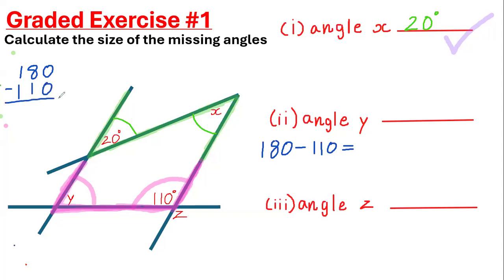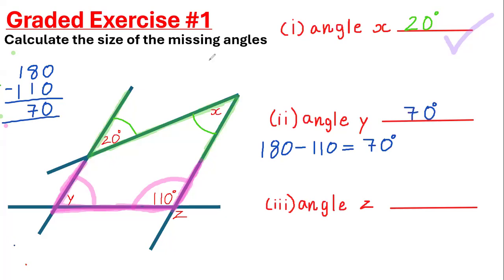We got 0 minus 0 is 0. 8 minus 1 is 7. And 1 minus 1 is 0. So the answer is going to be 70 degrees.